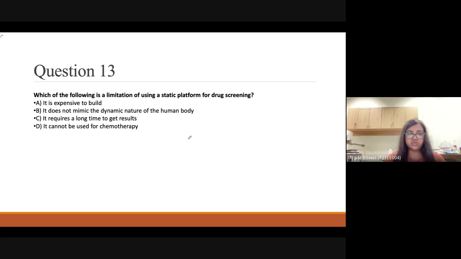To find out the right option: which of the following is a limitation of using this static platform for drug screening?